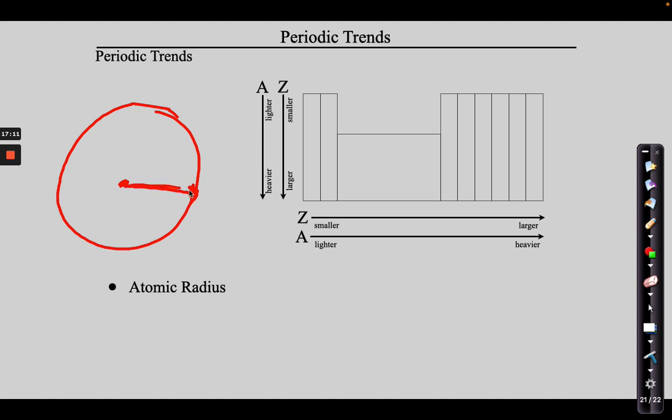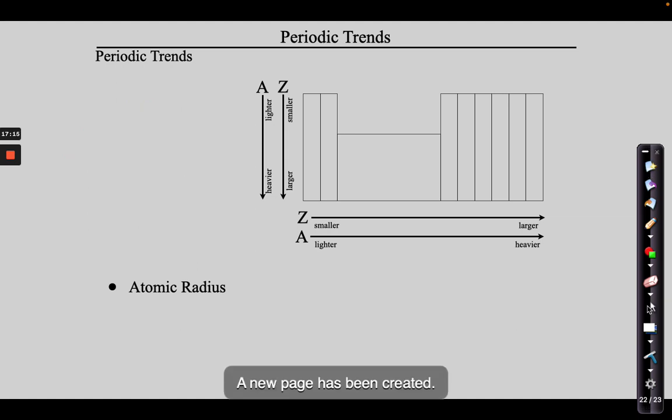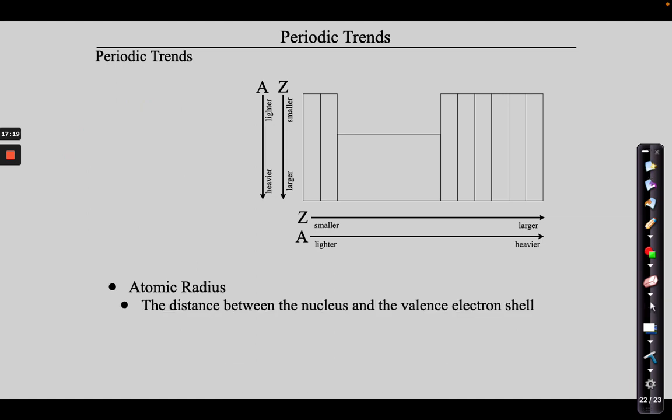So we're talking about a length, a distance. It's a very tiny distance, but we're looking at this distance. We want to see what happens to atomic radius as we go down a group and across a period. We want to see what happens to that distance between the nucleus and the valence electron shell. Go ahead and label that arrow AR.